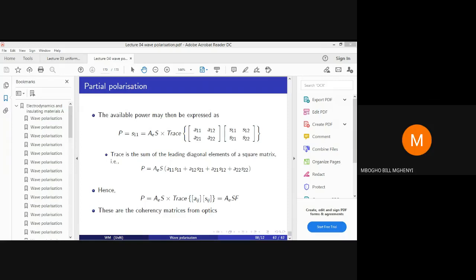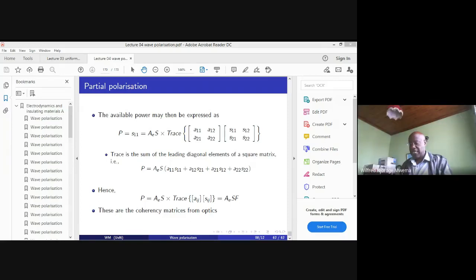Now d/dt for harmonic time dependence is j omega, so replace d/dt by j omega.